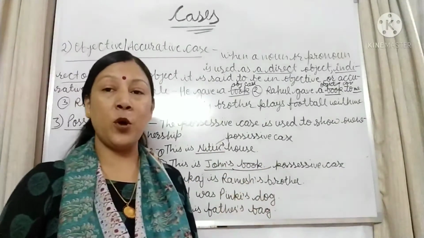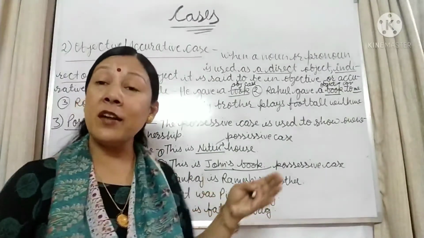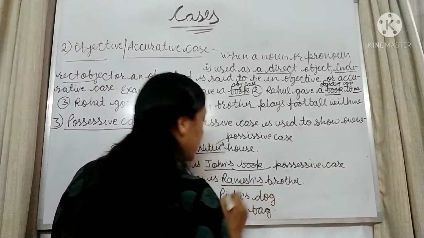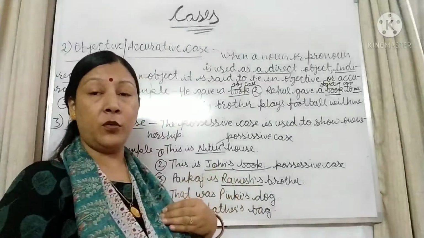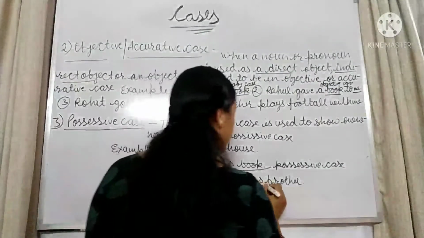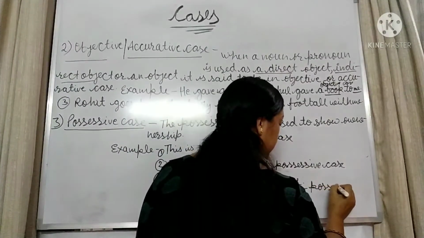Who is this boy? Who is Pankaj? Pankaj is Ramesh's brother. So Ramesh's shows the ownership. Whose brother? Ramesh's brother. So Ramesh's here is also possessive case.